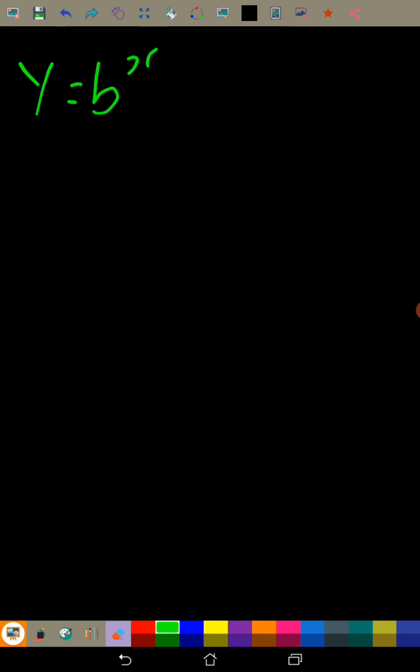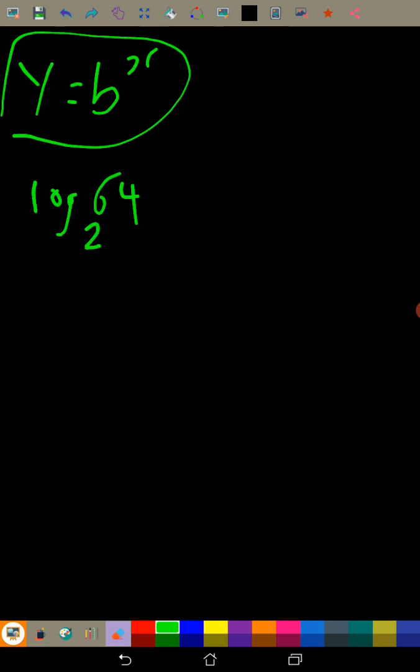I'm being very slow here. We have this equation, and we write this in the form of this. If we have log to the base 2 of 64 is equal to 6, we need to rewrite it in this form.